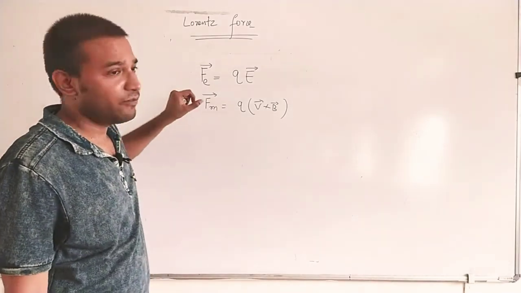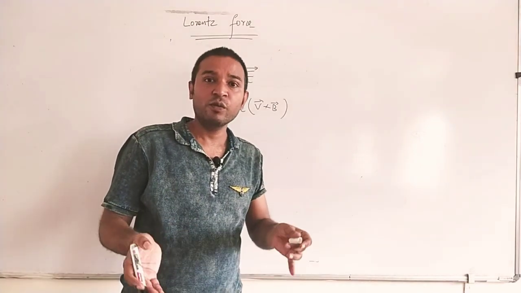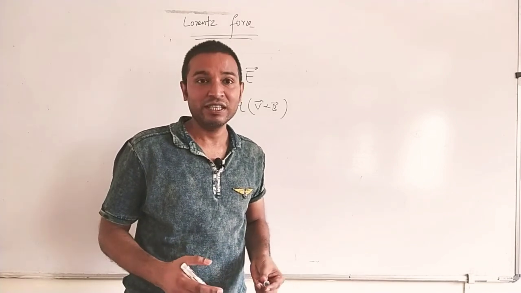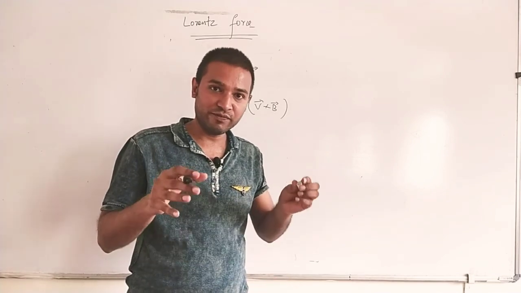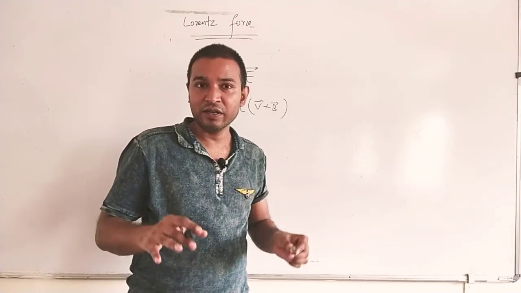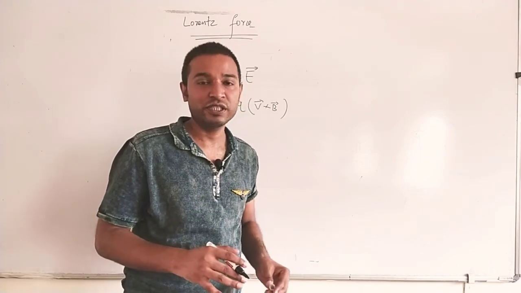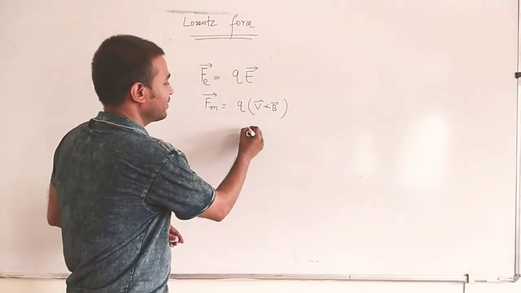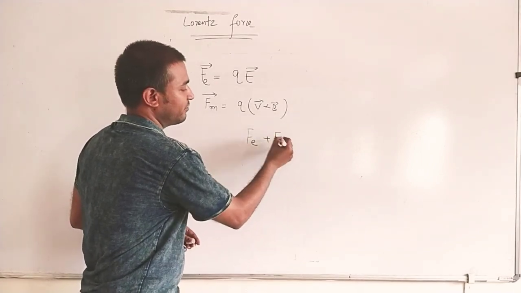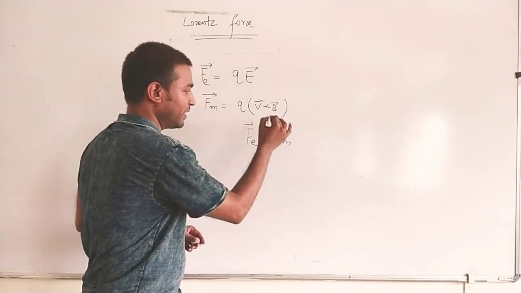Now whenever a charged body is moving in a region where both electric as well as magnetic fields exist, then altogether a force will act on it. Both forces will act on it, and together that force is known as Lorentz force. It means that this one is the electric force and this one is the magnetic force.